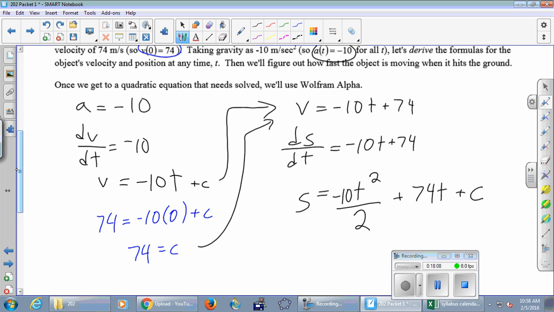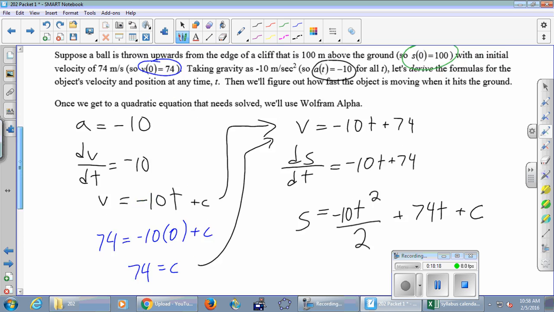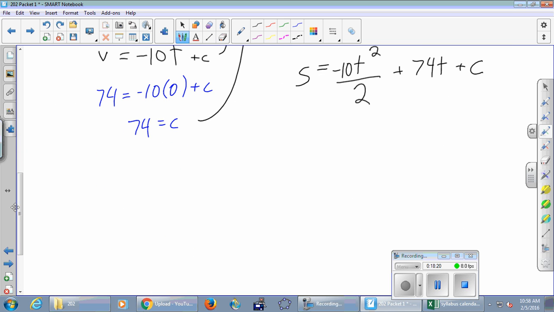Okay, so next up is to find this particular c. We had one other piece of info. What did it say up here? s of 0 is 100. Initial height was 100. So we're going to plug that stuff in. So here we go. s equals, all right, I'm going to change that negative 10 over 2 to a negative 5 t squared. I should have changed my s too. s becomes 100. All the t's become 0.